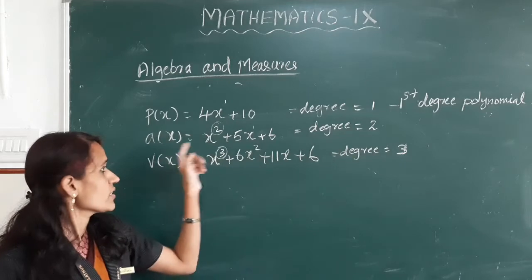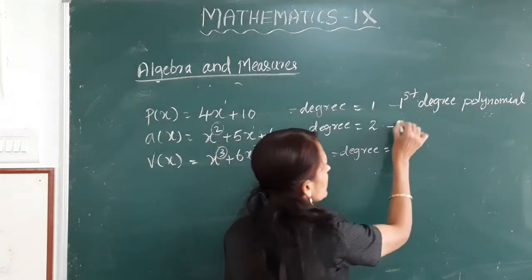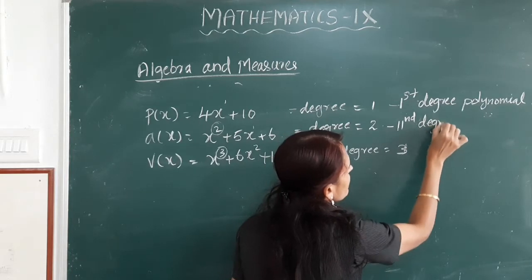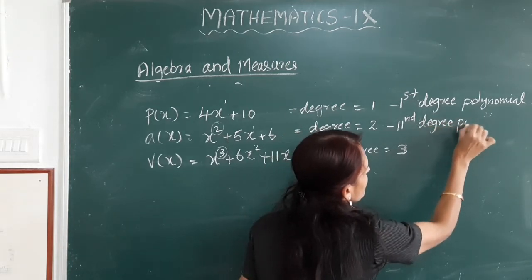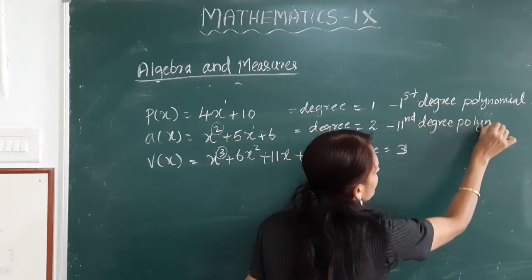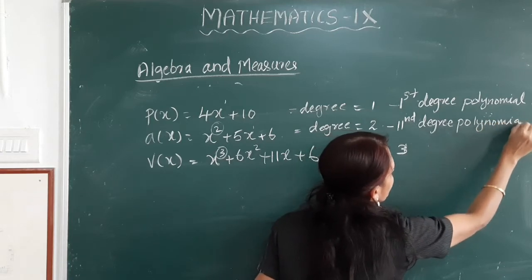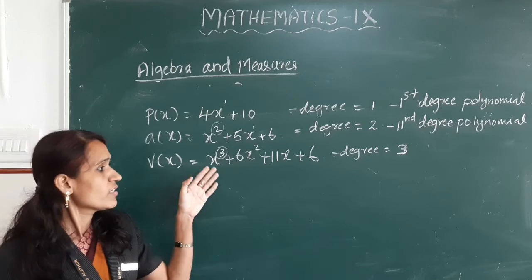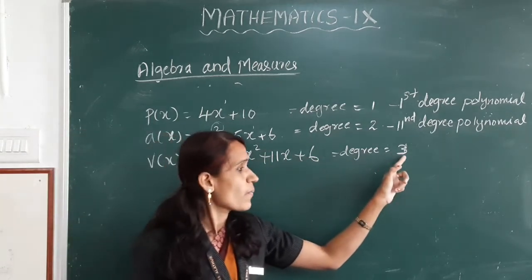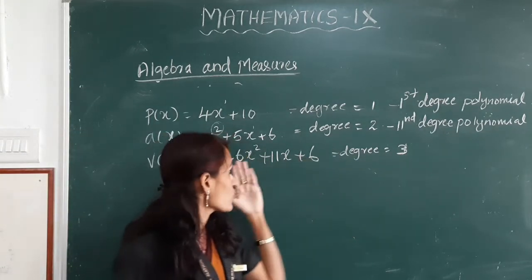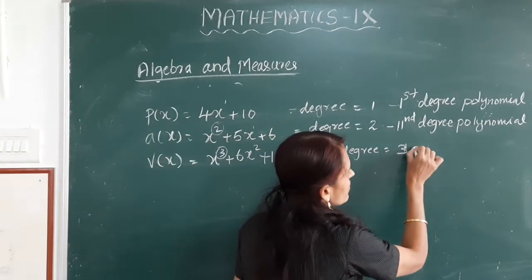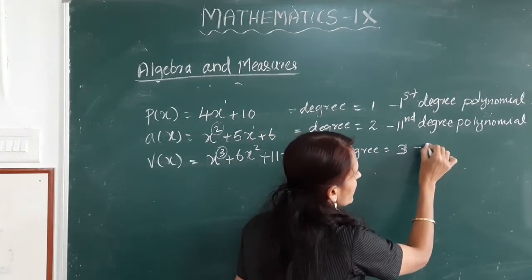So, this polynomial is called second degree polynomial. Third equation, its degree is 3. So, this polynomial is called third degree polynomial.